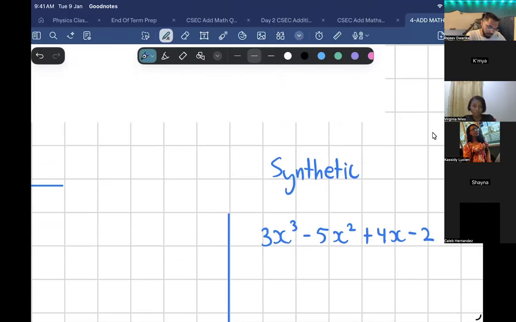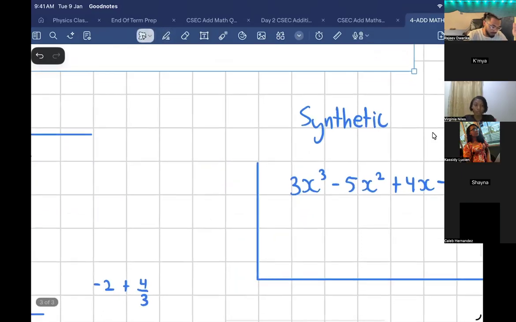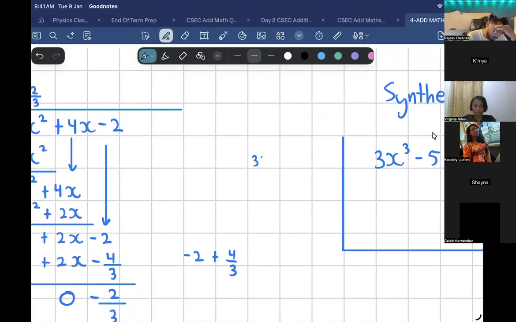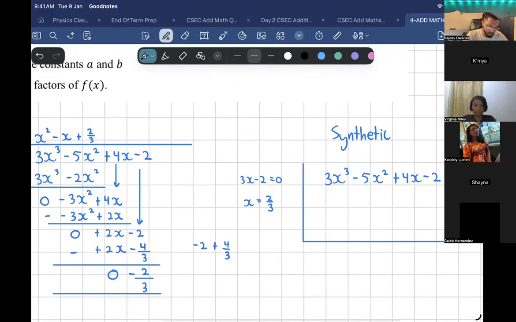If you recall, in the remainder theorem you set the factor equal to 0 and plug it in, and that tells you the remainder. That's similar to what you're doing here: you say 3x minus 2 is equal to 0, then you solve for x, and you get 2 over 3.